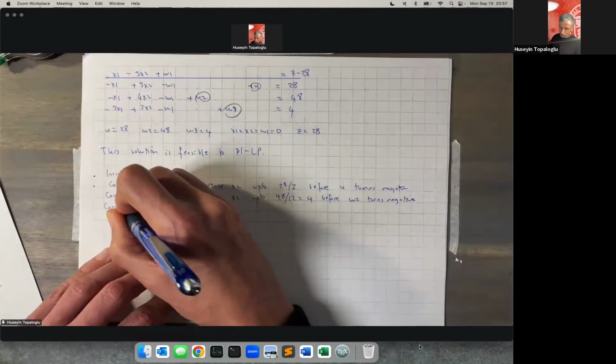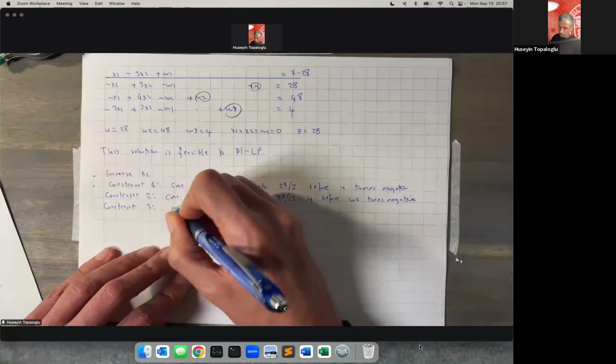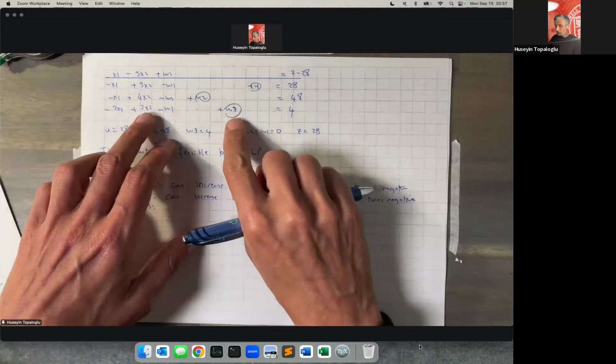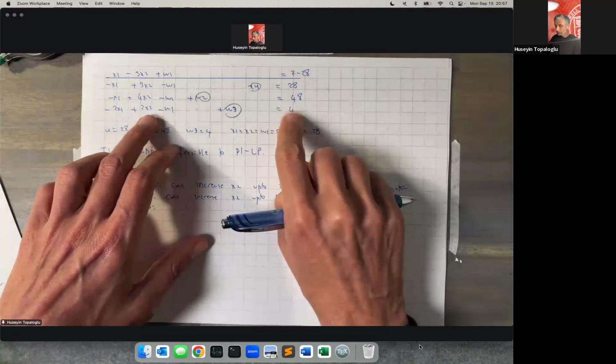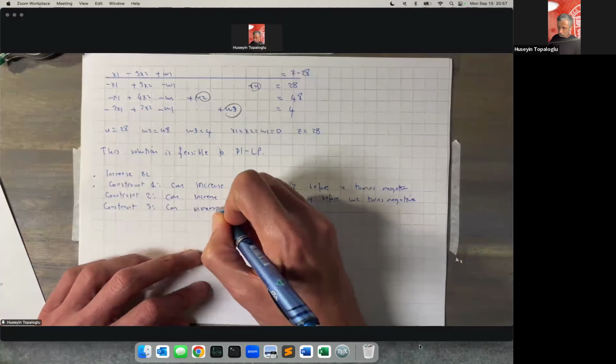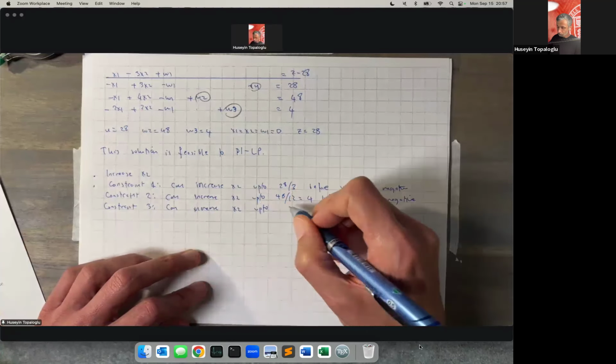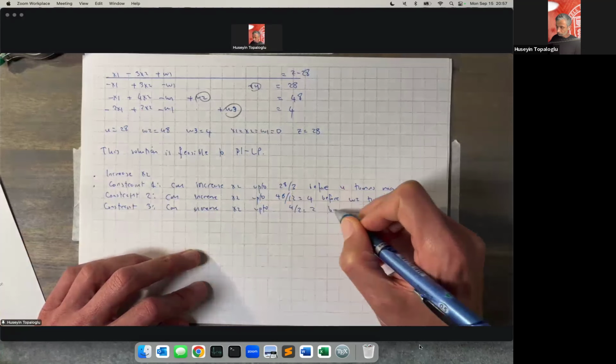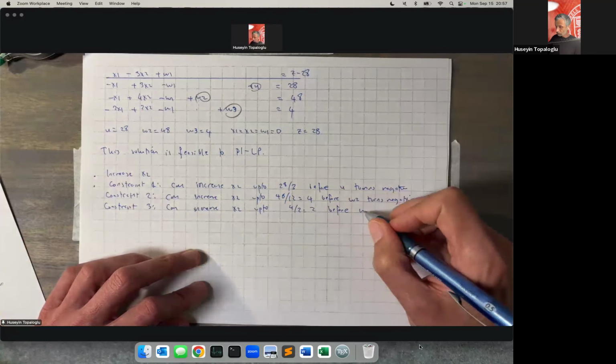And lastly, from the third constraint, how much can I increase X2 before W3 turns negative? 4 divided by 2, that's a 2.